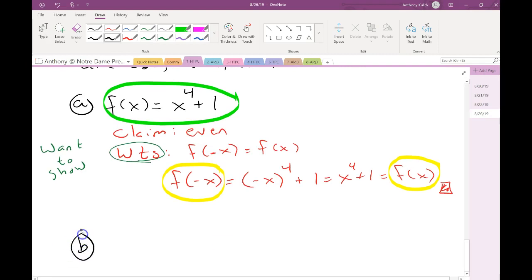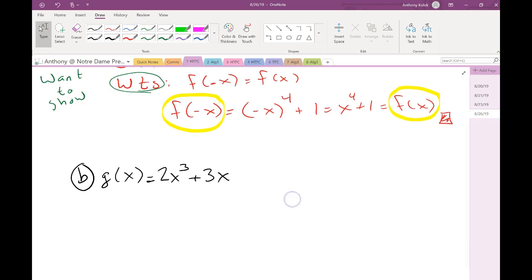Okay. Let's do another. Let's say we have g of x equals 2x cubed plus 3x.